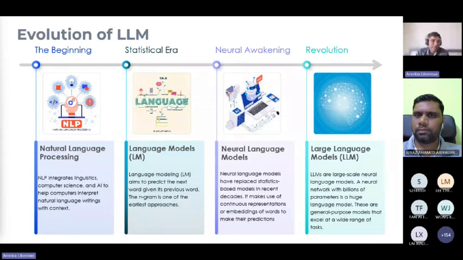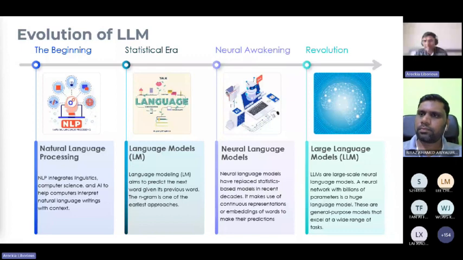So how to interpret human language was initially handled through NLP techniques. So let's say what is a verb, what is a noun, how a sentence is formed. All these kinds of things were primarily analyzed or researched in the NLP phase.